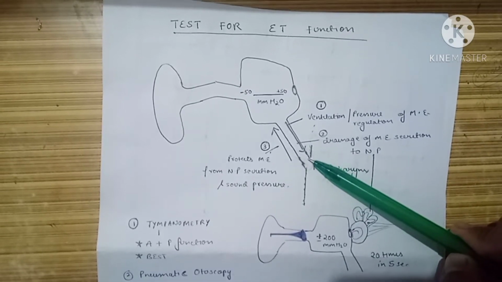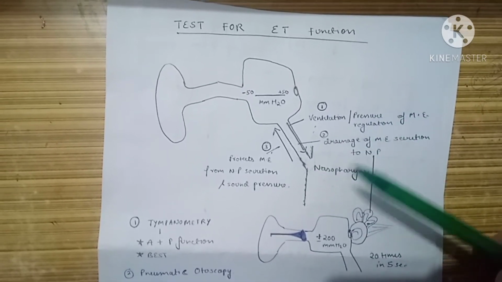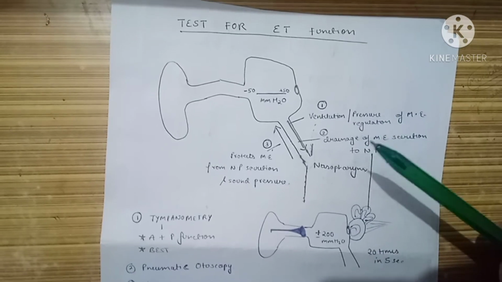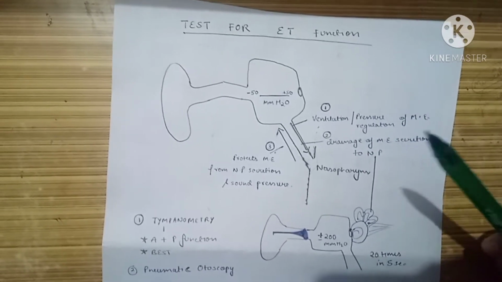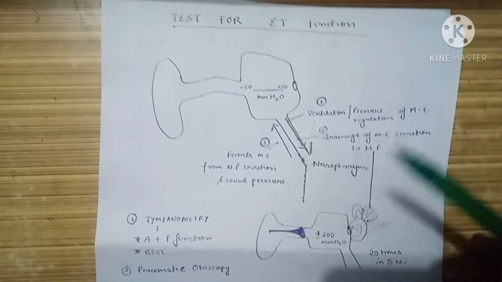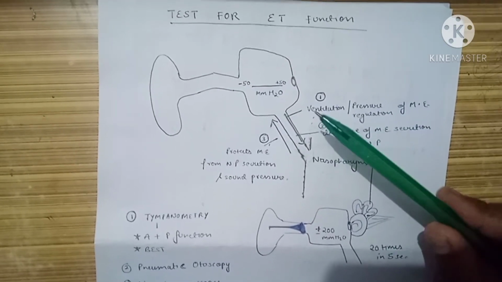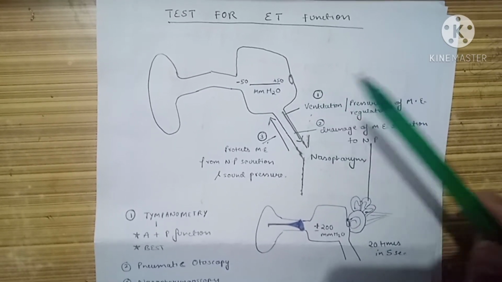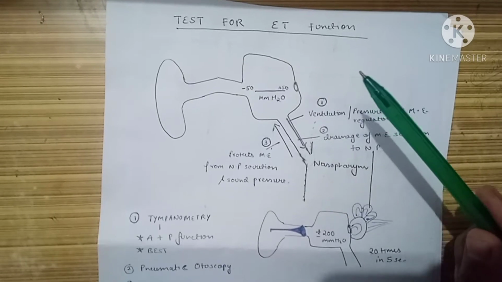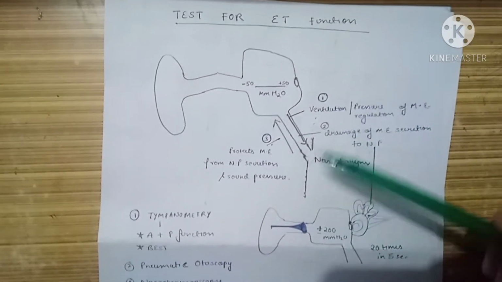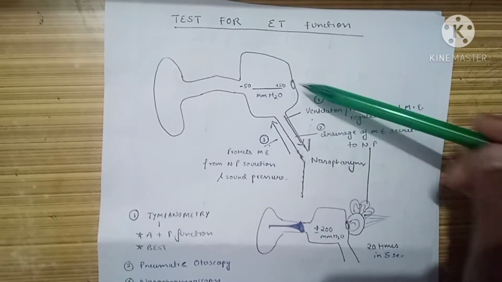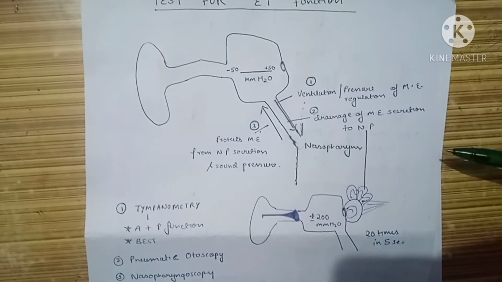By processes like swallowing and yawning, this Eustachian tube opens actively. In cases where middle ear pressure varies from the normal range, the Eustachian tube has to open to maintain our middle ear pressure within the normal range.